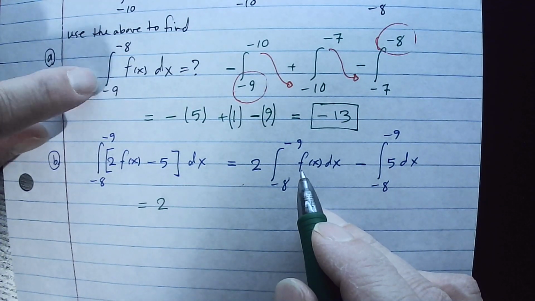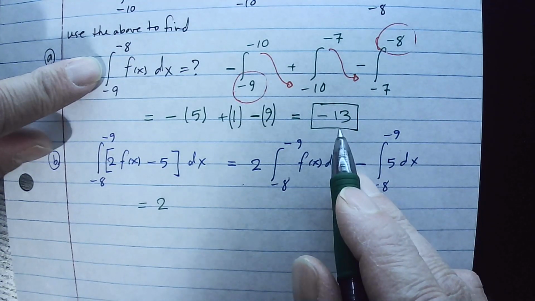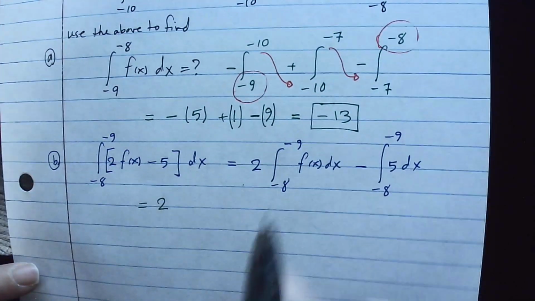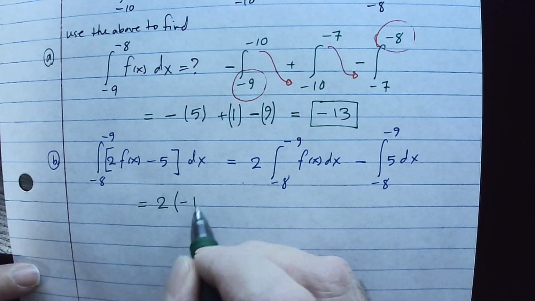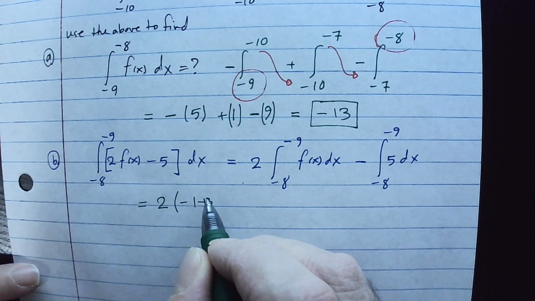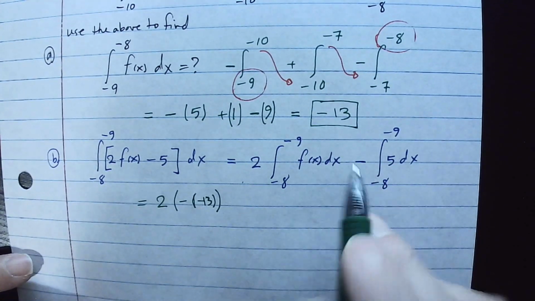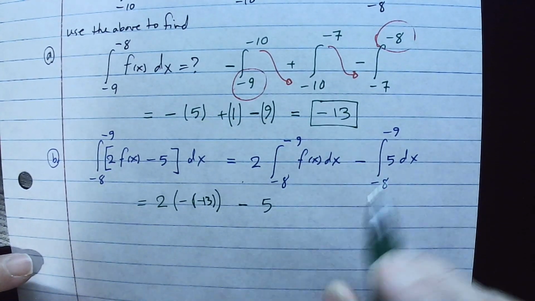Here we have -9 to -8 is -13, so -8 to -9 is negative of the negative. This will be negative of -13 for this part, and then minus 5.